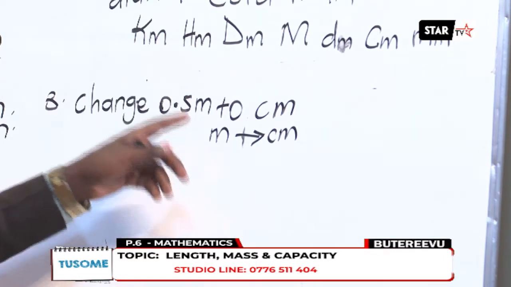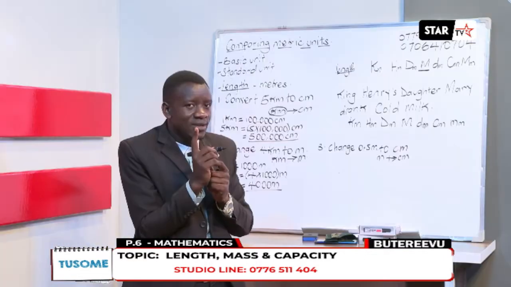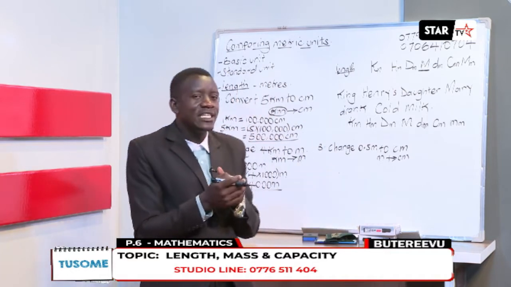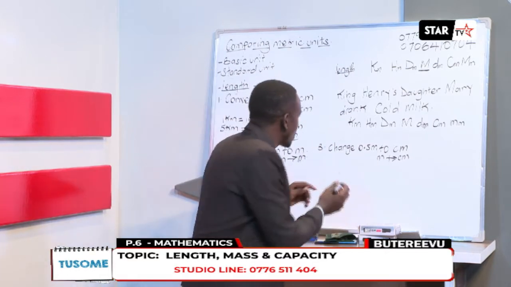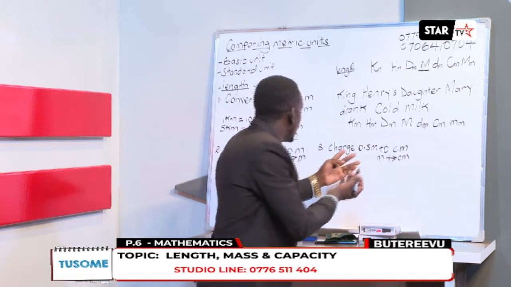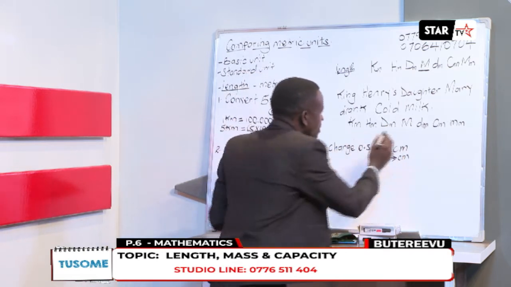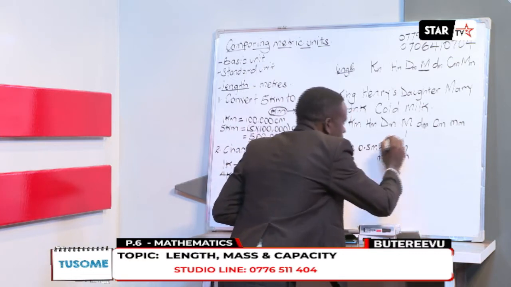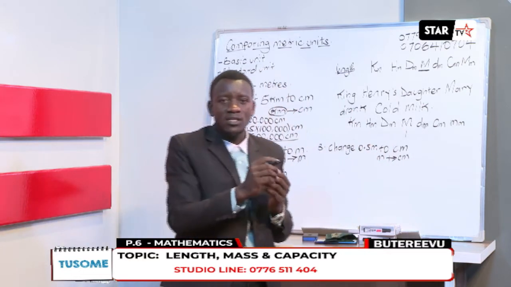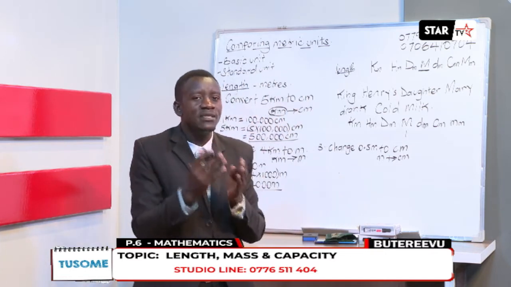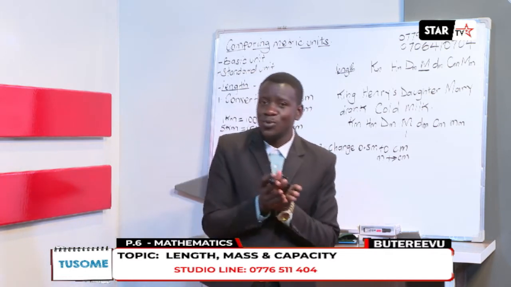Look at where there is meters, because that's where I'm converting from to another metric unit. I will say kilometer, hectometer, decameter, then meter is here. Then I apply zeros to the right hand side until I meet the unit I'm changing to.